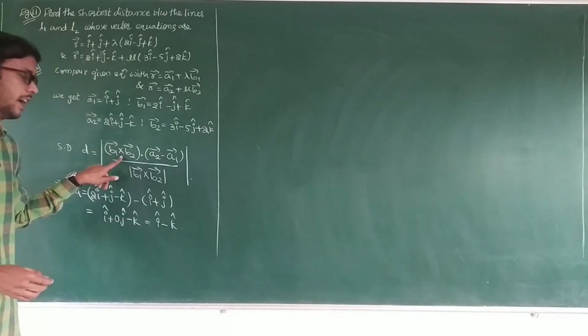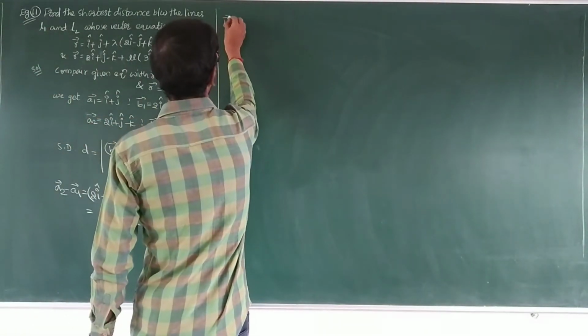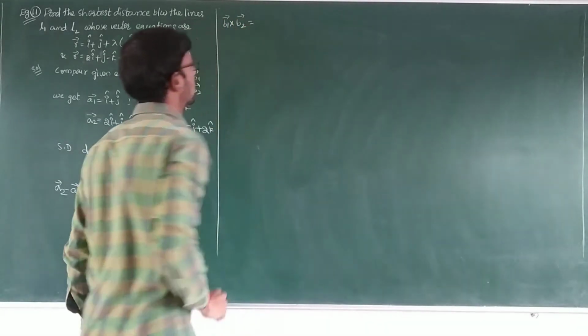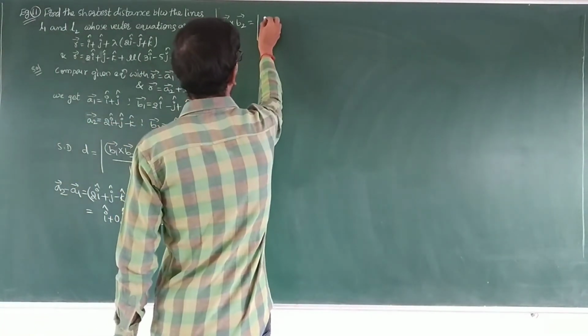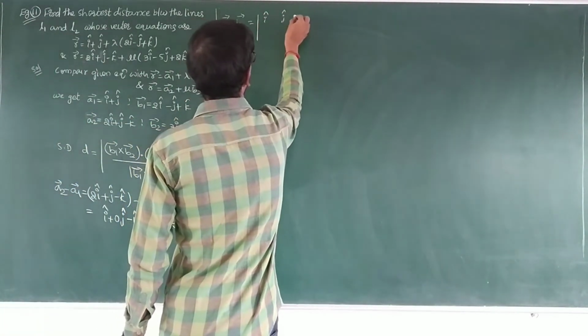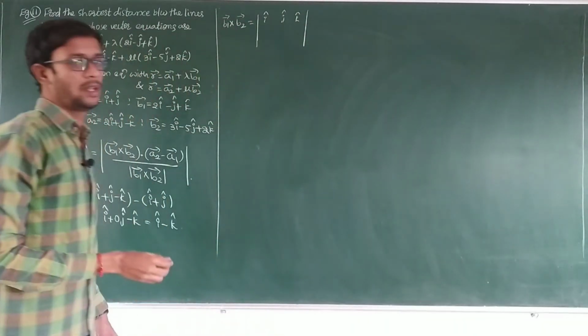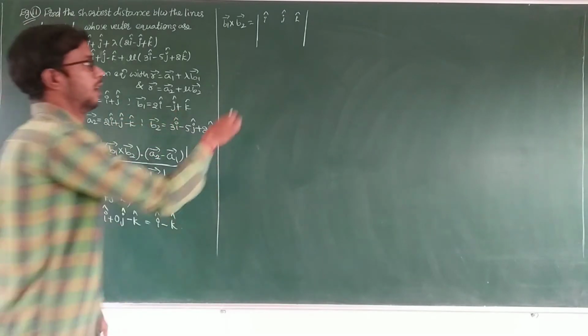Next we have to find the cross product B1 bar cross B2 bar. How will you find it? By determinant with I cap, J cap, K cap. What are the B1 coefficients? 2, minus 1, 1.